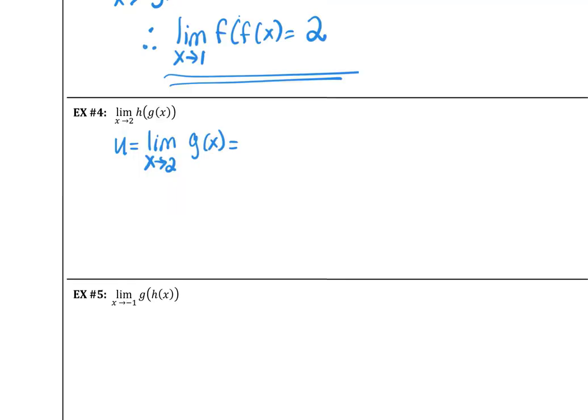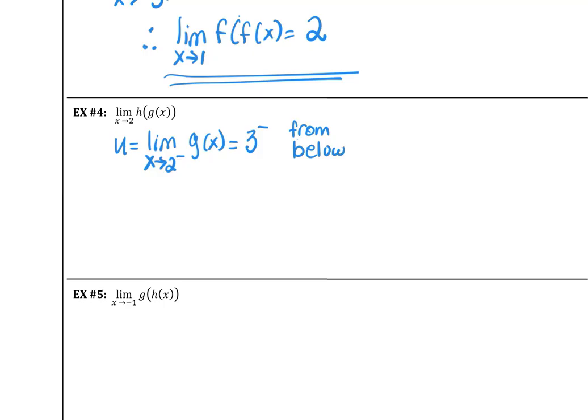So where u value is going to approach 2 from the left, we said it was approaching 3 from below. So we'll make a note from below, so we have the notation. It's approaching 3 from the left, which was from below.